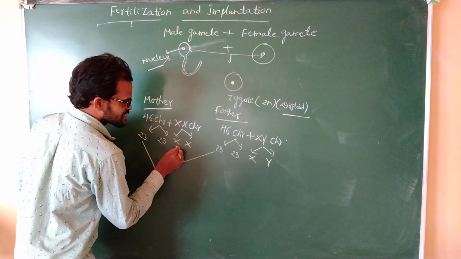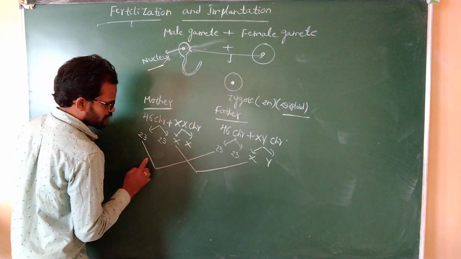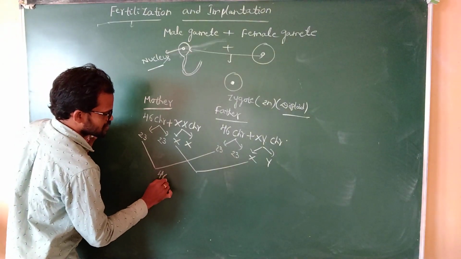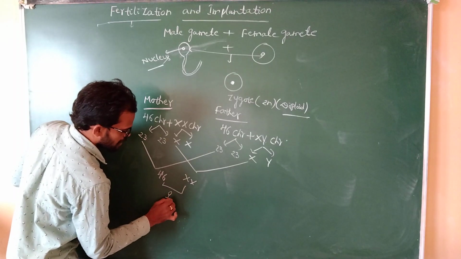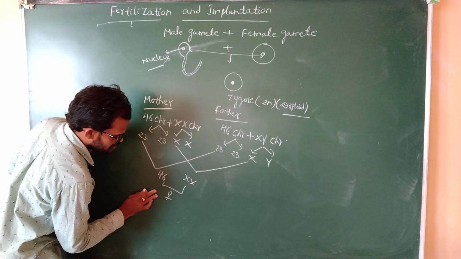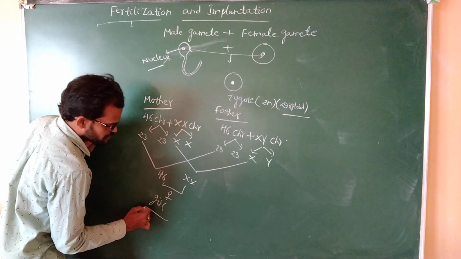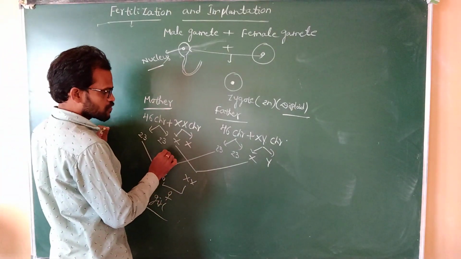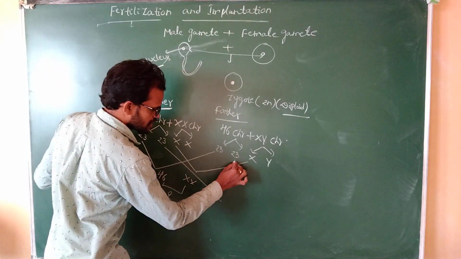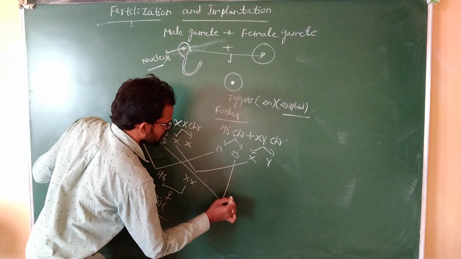When the 23 chromosomes of the father attach to the 23 chromosomes of the mother, X attaches to X. Here it is 46, XX. This is the formation of a female, a baby girl.